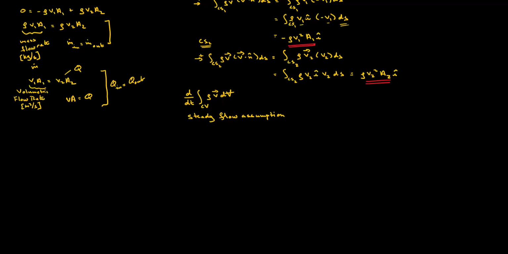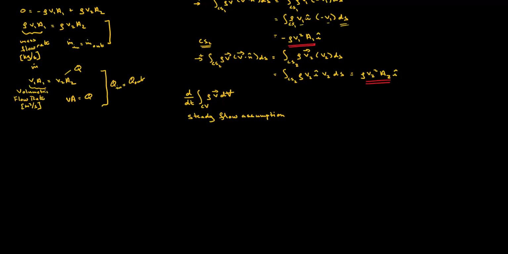This assumption states that the velocity at any point in the control volume does not change with time. Although a different fluid particle can occupy the given point at different times, the properties of whichever particle is occupying that point will be the same at all times.